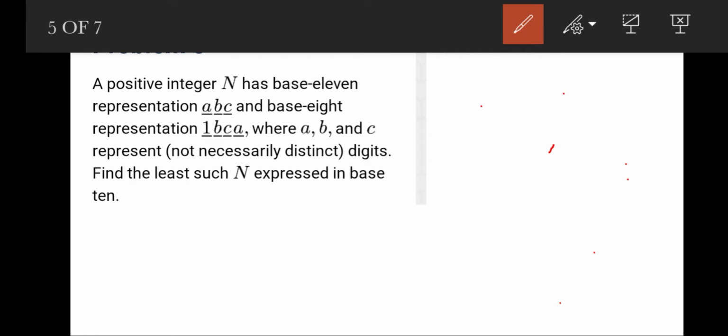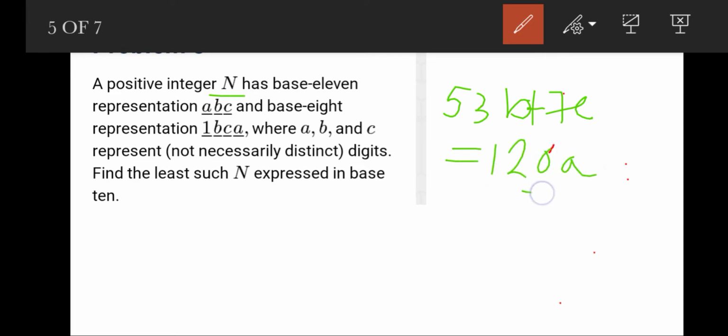What I was talking about is, for the positive integer n, if you recall, the equation we got was 53b plus 7c equals 120a minus 512.